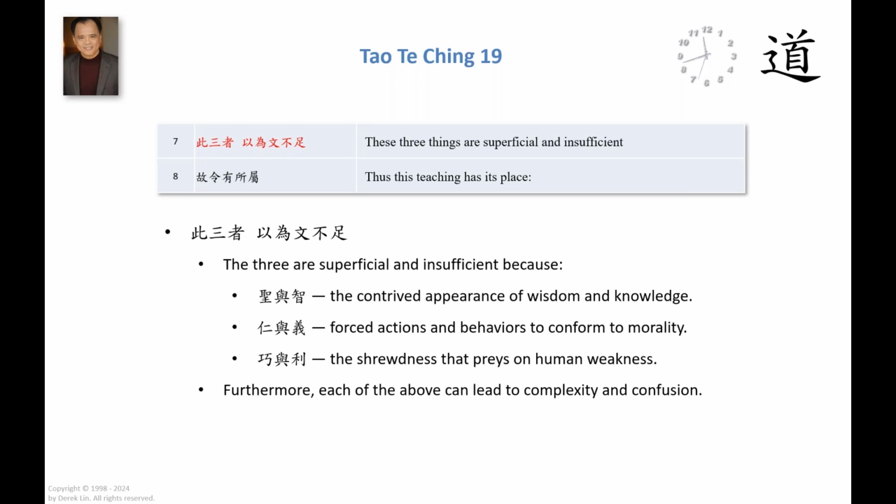So I want to present another slide focusing just on these three things in chapter 19 to showcase how the Tao sages will see them versus how people see them, that people may view them in a positive light, while a genuine Tao sage who understands Tao Te Ching 19, this chapter, will see them differently.